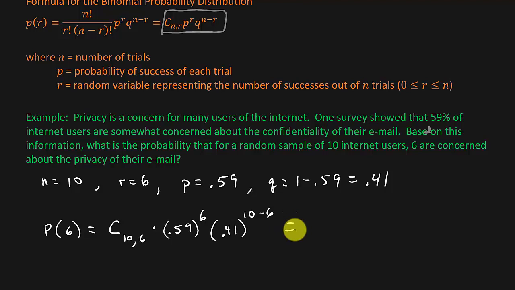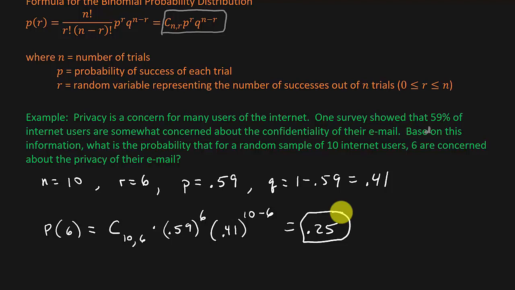And then you'll have to punch all that into your calculator, and you end up getting about 0.25. Now, I didn't plug this into my calculator. I just got the answer out of the book, so I don't know. That may be rounded to 2 decimal places, but that's your answer.